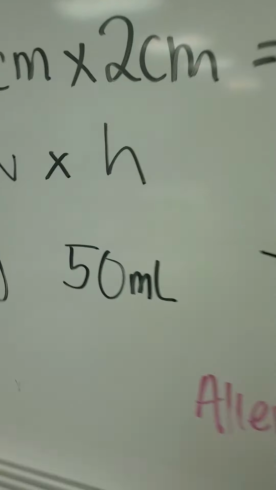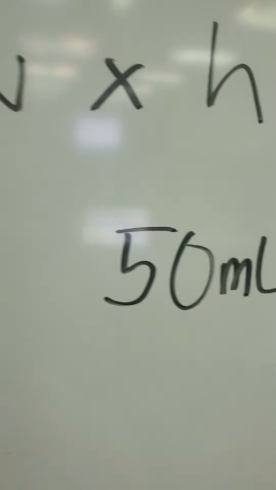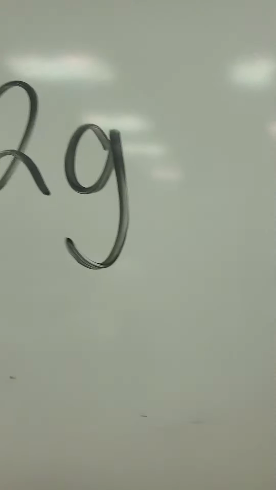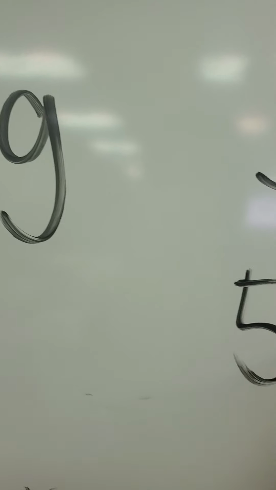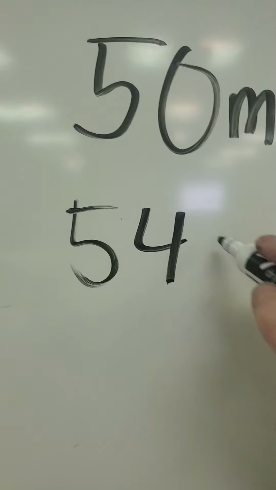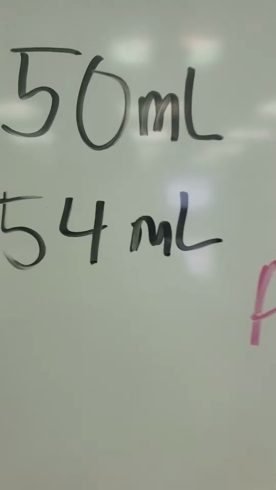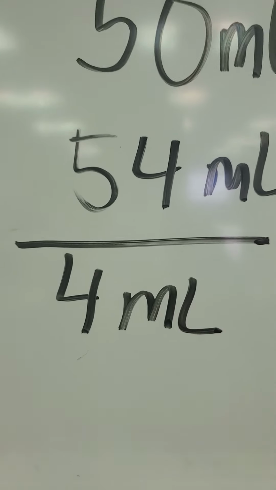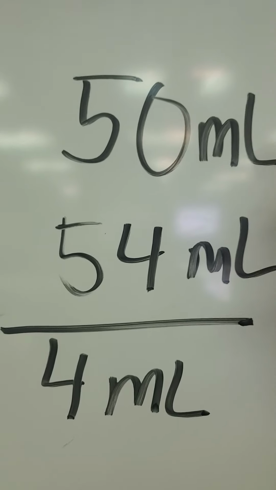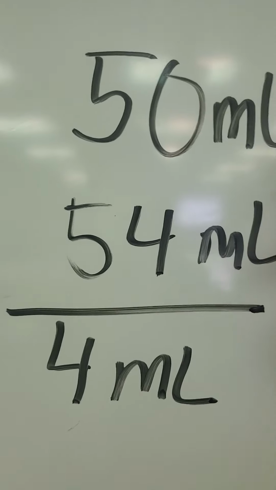Now we're going to come back to our math. We started out with 50 milliliters, but we went up to 54, so we're just going to subtract those two numbers. When I do that, I get 4 milliliters. Keep in mind, we started with 50, so that's just the water.